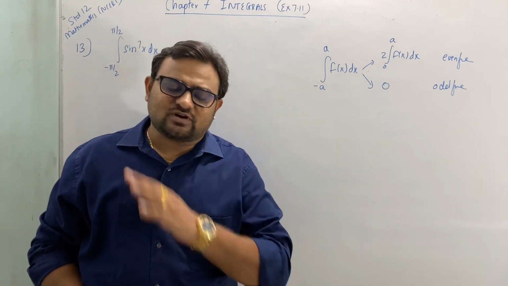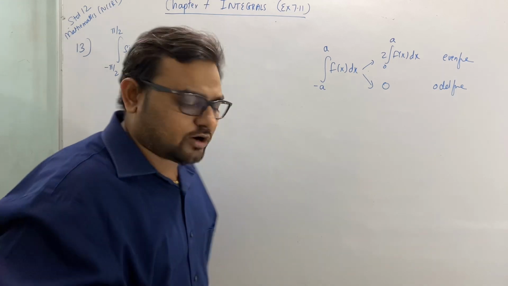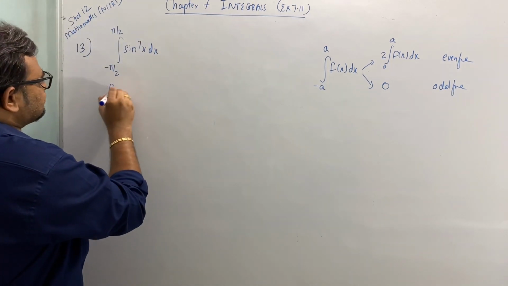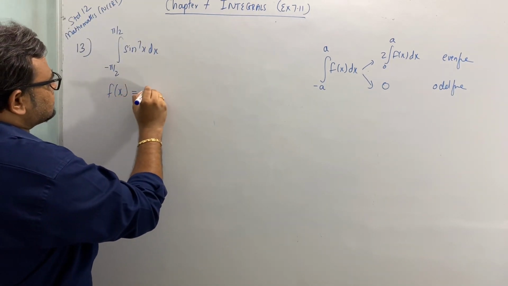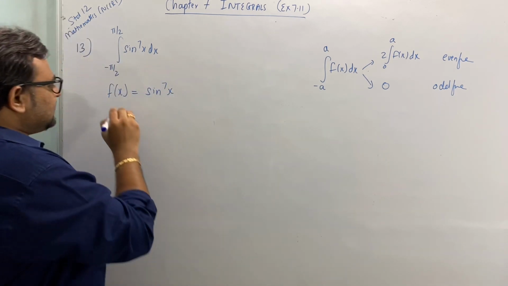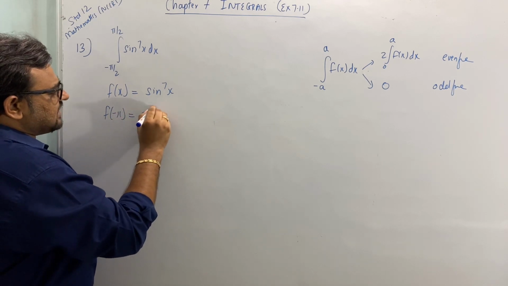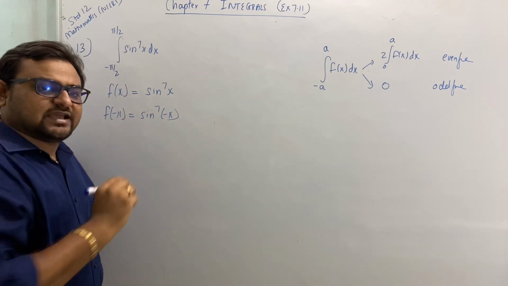Okay, so now first let's check whether our function is even or odd. So what is f x? Sine raised to 7, x. What is f of minus x? Sine raised to 7 of minus x.